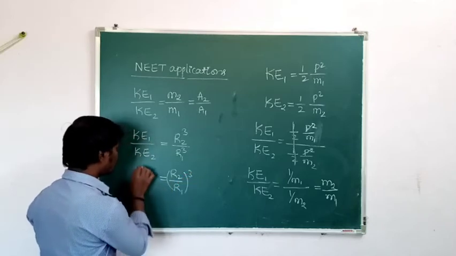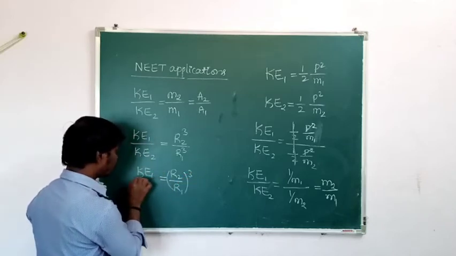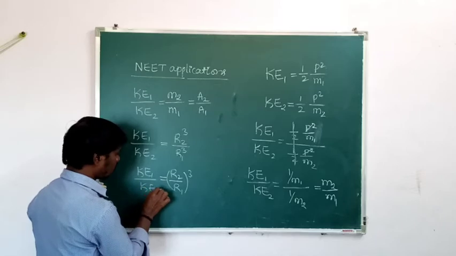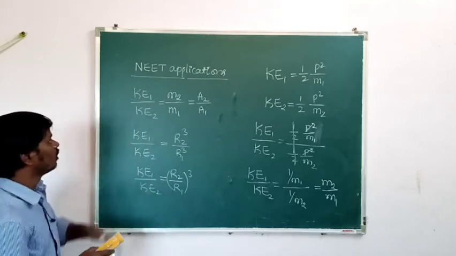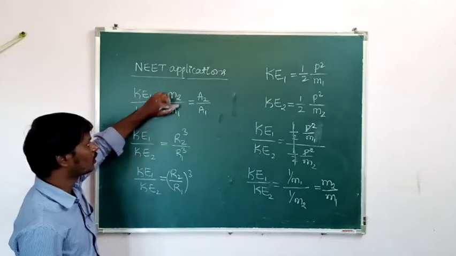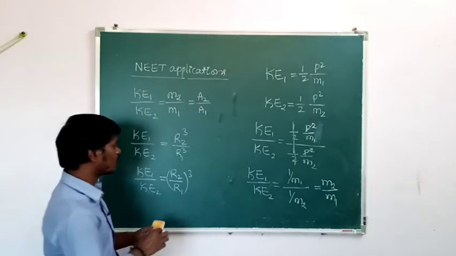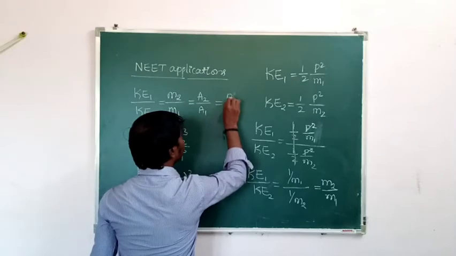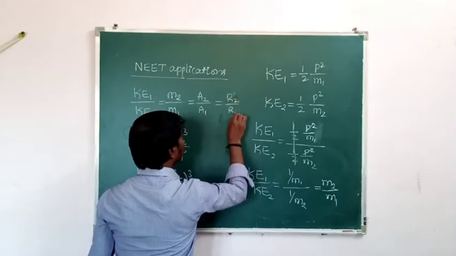So in general we are going to write Ke1 divided by Ke2 is equal to M2 by M1 is equal to A2 by A1, that is equal to R2 by R1 whole cube.